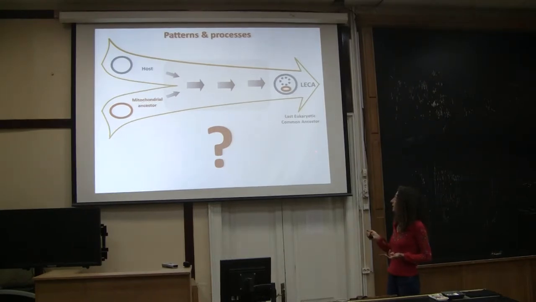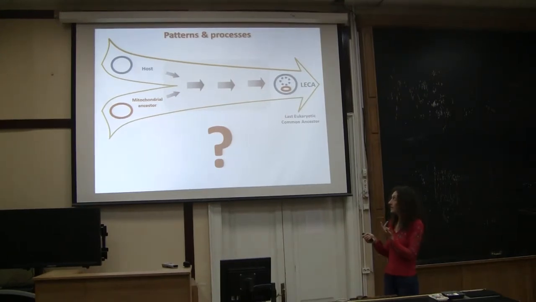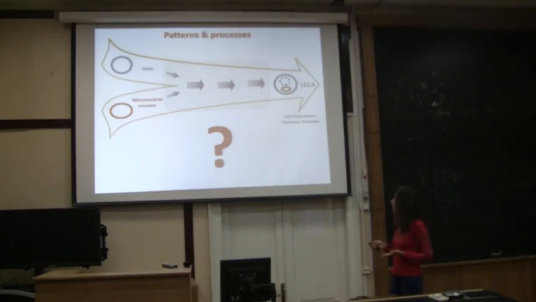On one hand, in extant eukaryotes, to try to define what the last common ancestor of eukaryotes was like, and looking to the potential distribution of these same genes and features in the mitochondria and the host ancestors. So what do we know now about this?